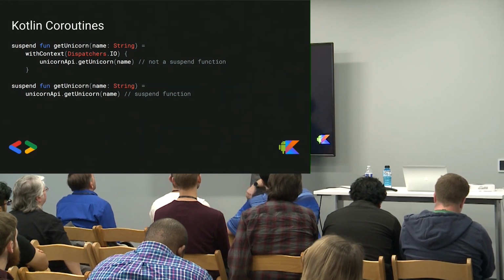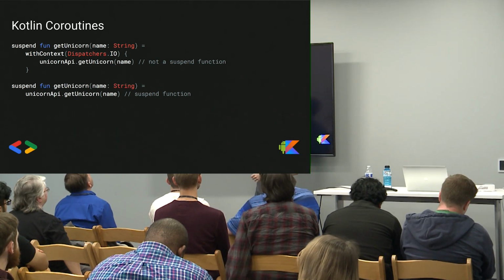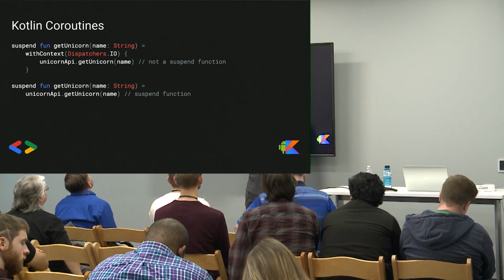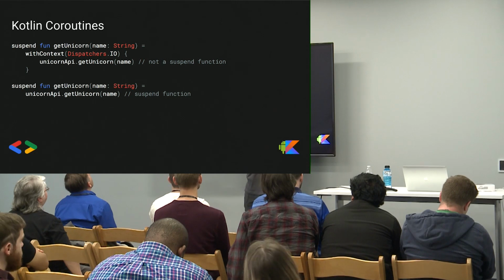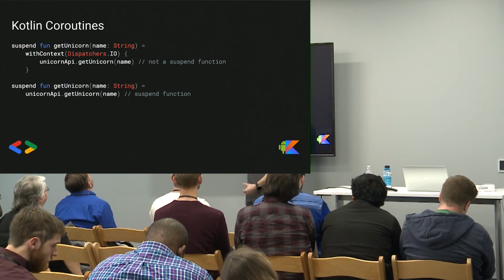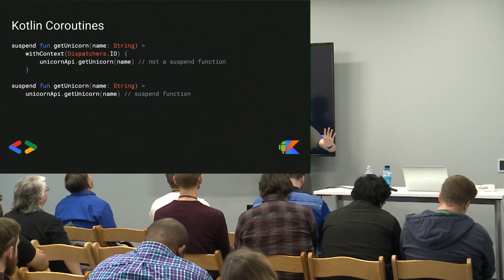So let's say I call get unicorn from the UI, like from our view model. Remember, that's what we were doing. Basically, when you call the suspend function, it doesn't actually matter where you're coming from. We're just guaranteeing that for this one critical section, we are going to switch to the background thread and then switch back to wherever we were before.